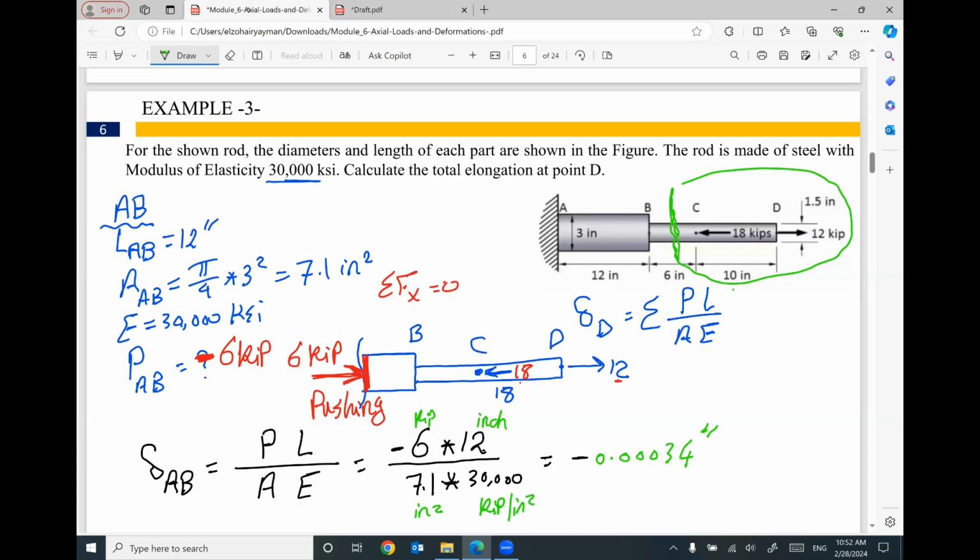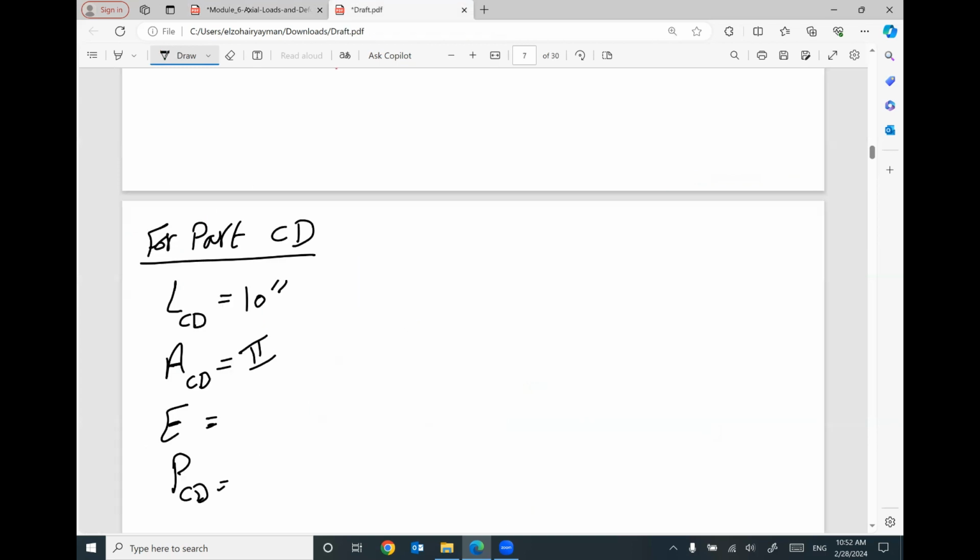The cross-section area of this part, the diameter is 1.5 inch. So pi divided by 4 times 1.5 square. It will be 1.76 inch square.